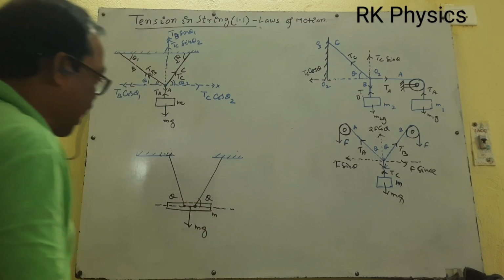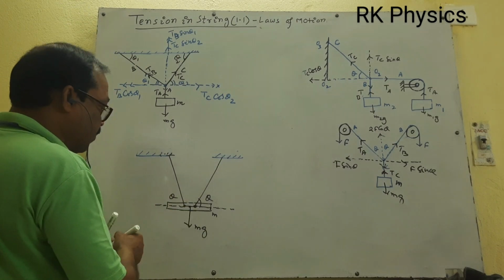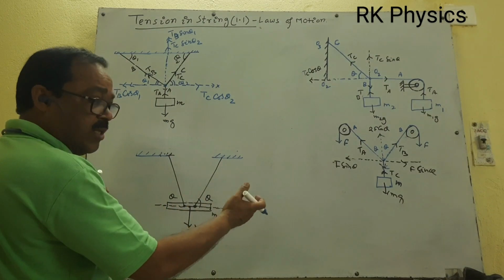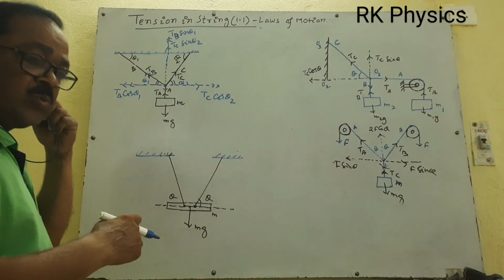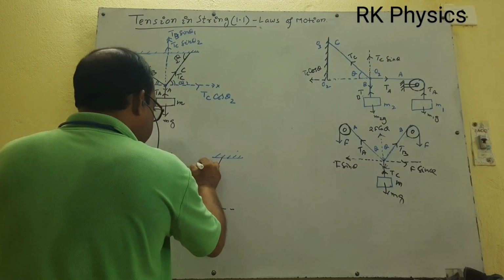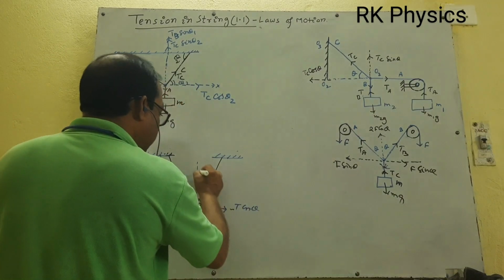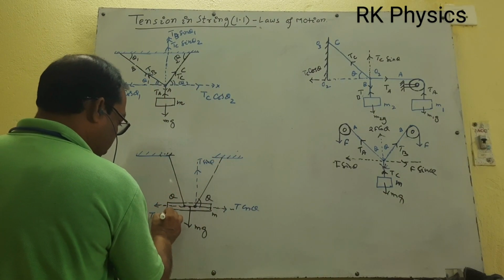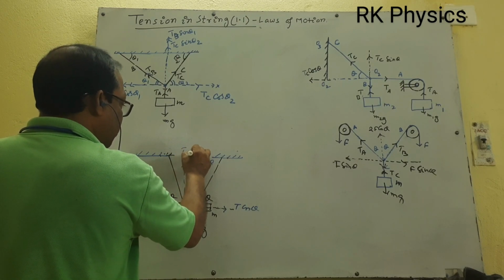Now in this case, how can you calculate the tensions in the two strings? If these two angles are the same with respect to the horizontal, naturally the tensions are the same. Now if you take this point as the origin, this is T cos theta, this is T sin theta. Similarly, this is T cos theta, and this vertical is T sin theta.